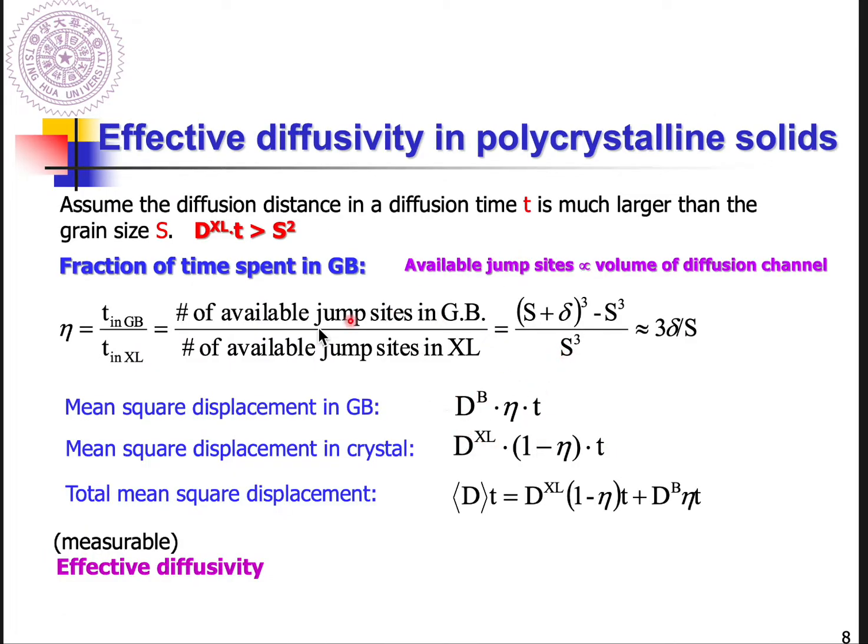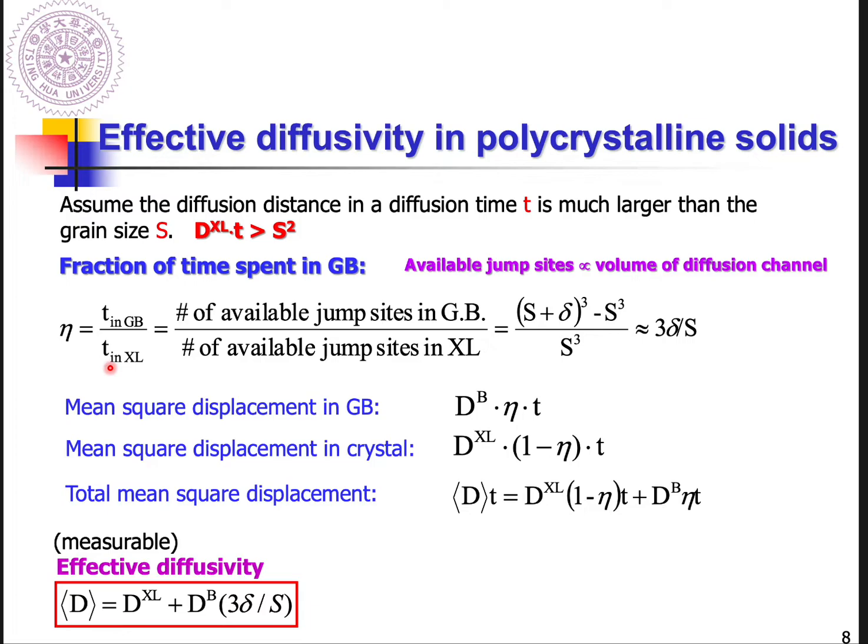So this slide is going to show you how you can measure the effective diffusivity of your material. It's measurable, but if you are interested in the contribution from different diffusion paths, how do we estimate or calculate it to get the effective diffusivity?